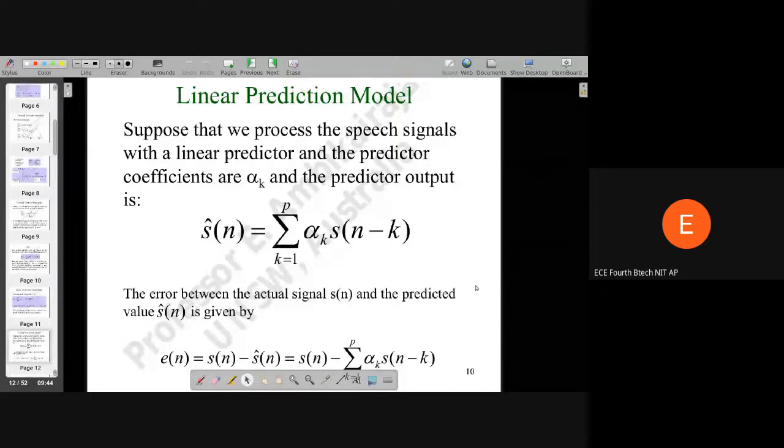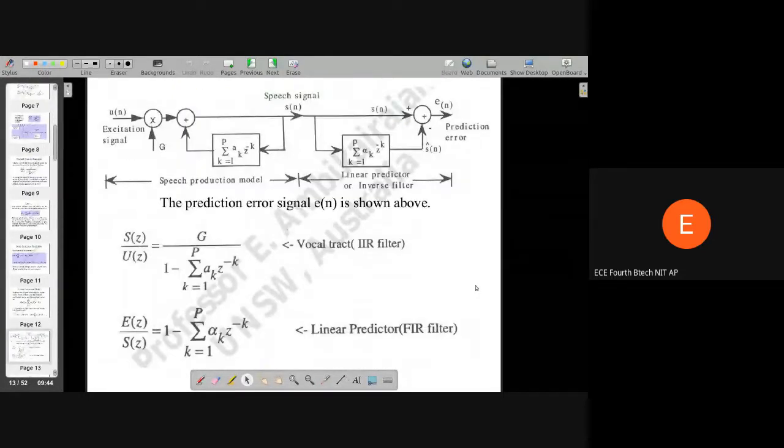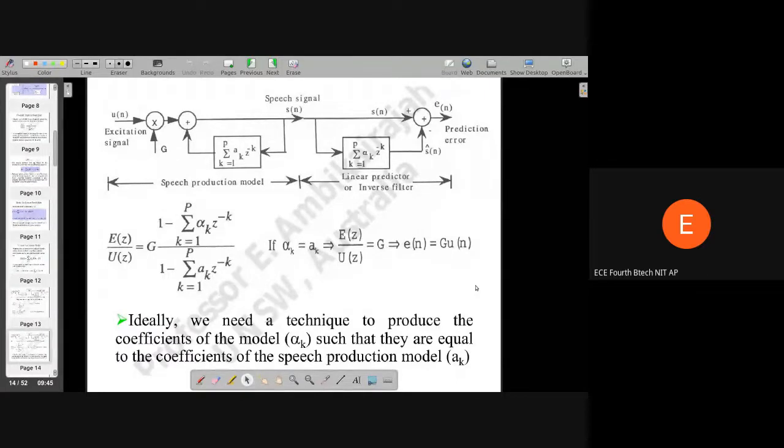That gives us our linear prediction analysis. We use mean square error, the reduction of the mean square error, or we find the optimal mean square error, and we determine the values of alpha k, the LP coefficients.